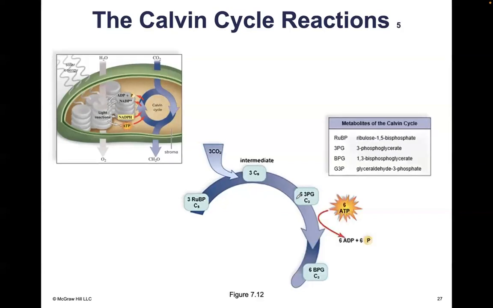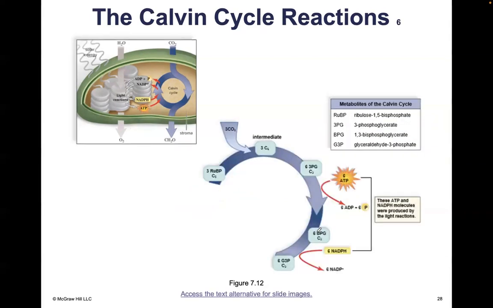So what would happen is it's going to use 6 ATPs, which will be converted to 6 ADP, and after that you're going to produce 6 BPG. The BPG is 1,3-bisphosphoglycerate.